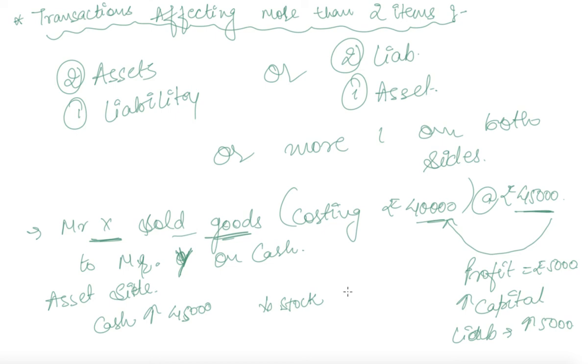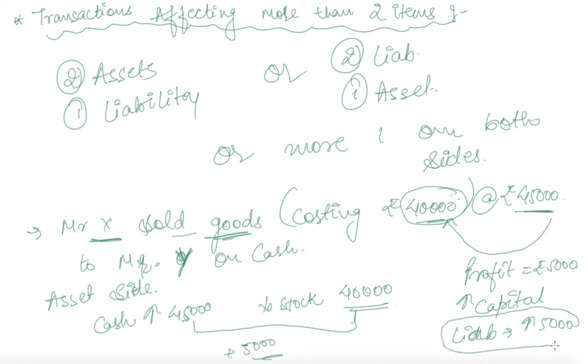So goods are the stock. So the stock will be reduced by 40,000, as the stock that is reduced was costing rupees 40,000 only. So we will see that on the asset side, there is a positive difference of rupees 5,000, and this positive 5,000 will increase the liability side's capital. So this will be the treatment of such kind of transactions that affect more than two items.